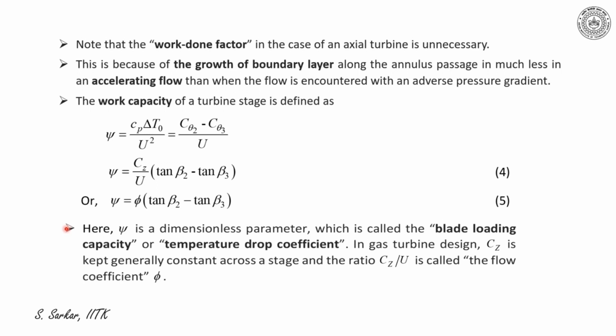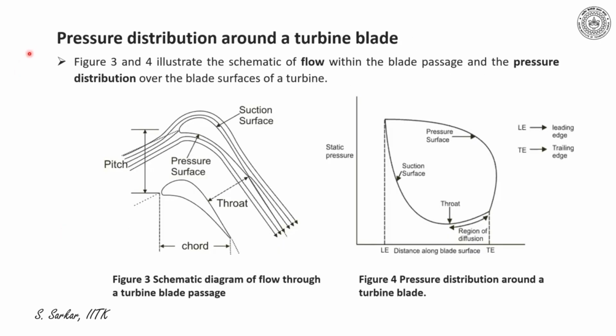In gas turbine design, Cz is kept generally constant across a stage, and Cz by U is called the flow coefficient phi. After deriving the expression of blade loading capacity, I have stated here the pressure distribution around a turbine blade with the help of two figures, figure 3 and figure 4.